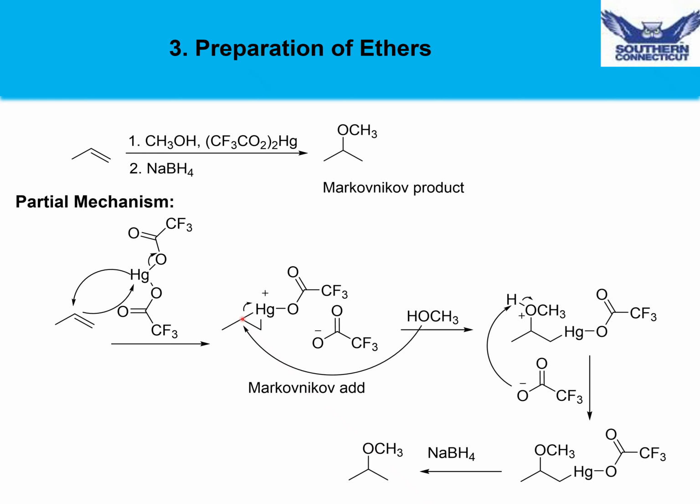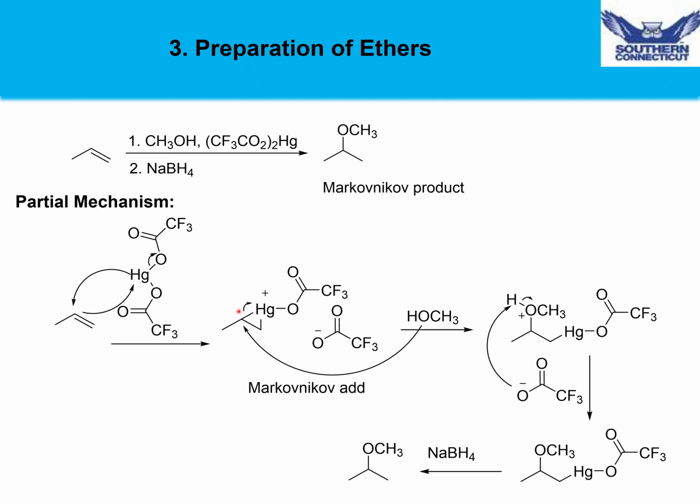The reason for that is there is more of a partial positive charge on this carbon than there is on the less substituted carbon. So think of this as the bonds between carbon and mercury being partially broken, and that develops a positive charge or a partial positive charge on the carbon here, similar to a more substituted carbocation.